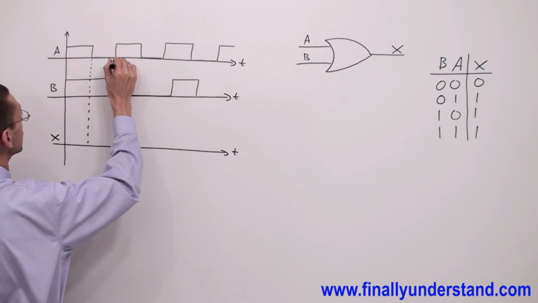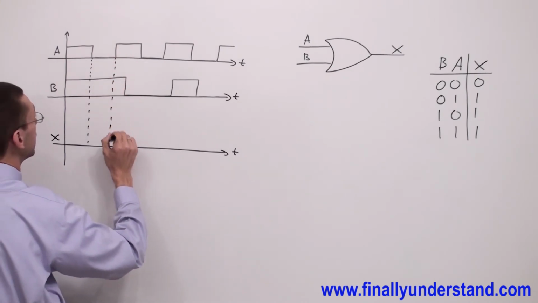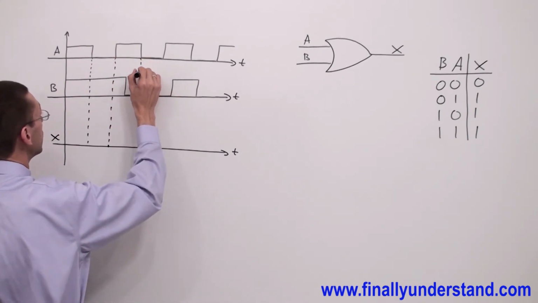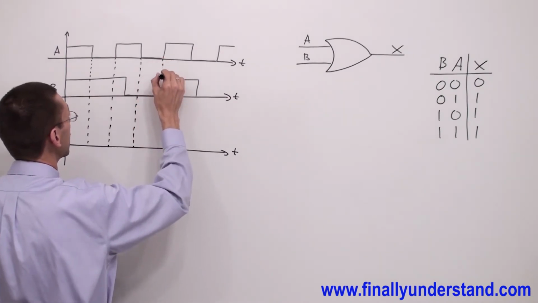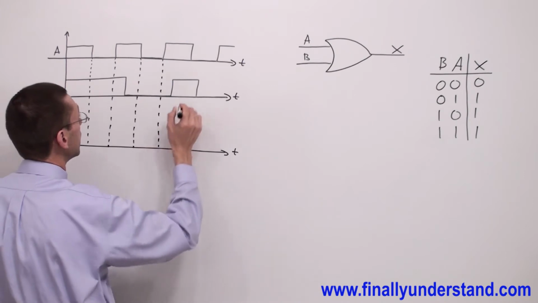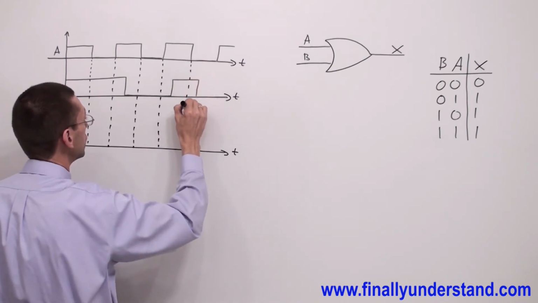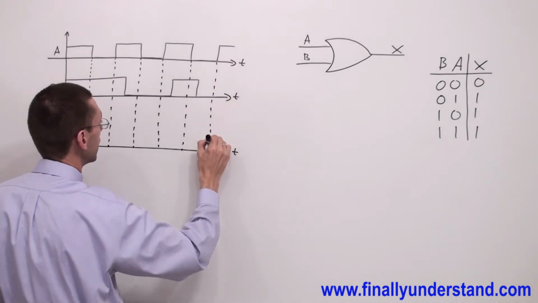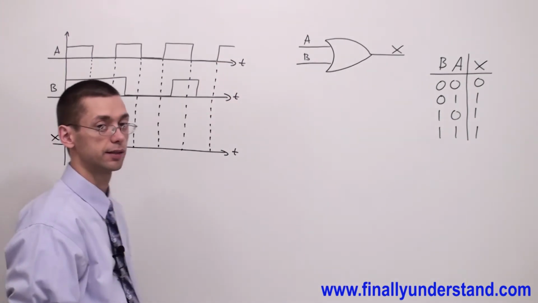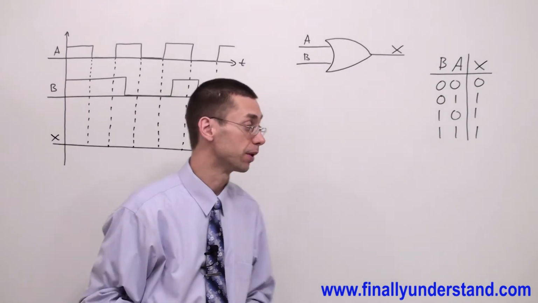I have another transition over here. I have a transition from high to low at this time, and another transition from low to high, and I have high to low over here, and I have low to high at this time. I can say that I'm finished with waveform A.